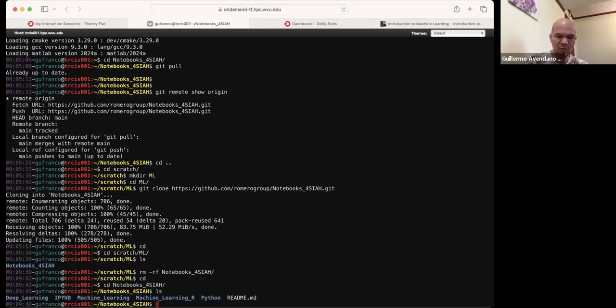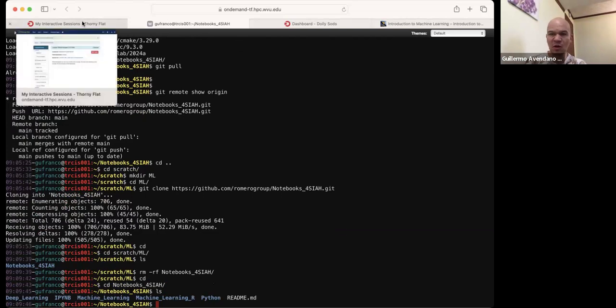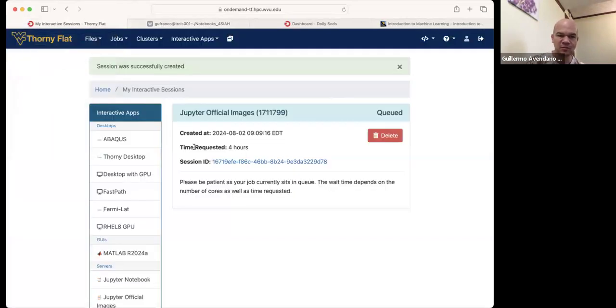So this is what I will be using here for the machine learning. And we will be covering just the first 2 notebooks. And this is just a portion of an entire workshop on machine learning. So just the first 2. If you want, you can follow the others later. Okay.